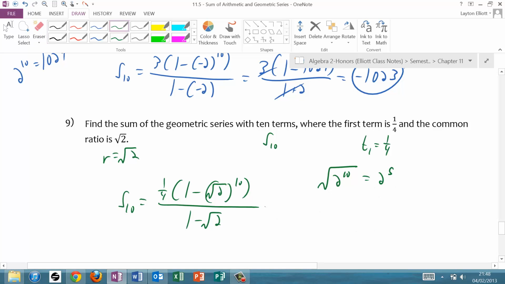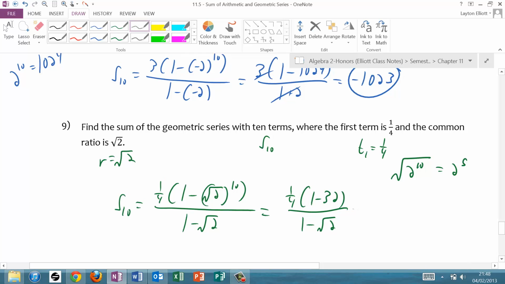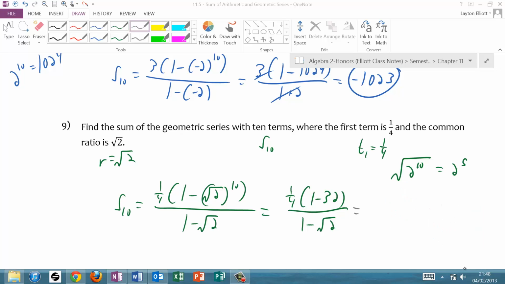So let's simplify that. I'm going to move this off over here. We go 1/4 over 1 minus 32 over 1 minus this. Okay, let's simplify this just a little bit. Let's make this 4. Let's bring this to the denominator. I can actually multiply the numerator and denominator by a 4, or just bring the 4 and the 1/4 down. We're going to make this negative 31, it's now a prime number, over 4 times 1 minus radical 2.